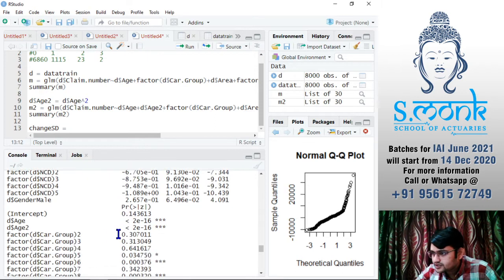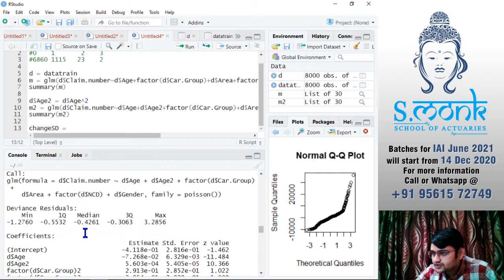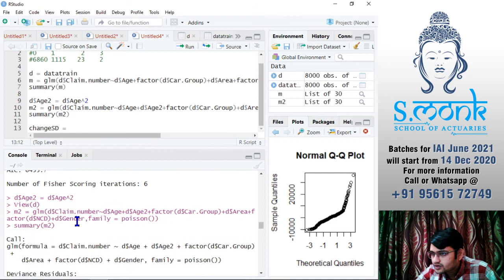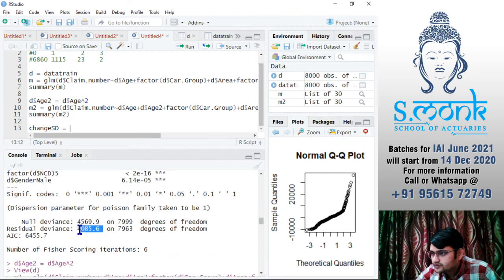So my scale deviance of model 1 was this much, 4085.6 minus, I will also note down the degree of freedom.